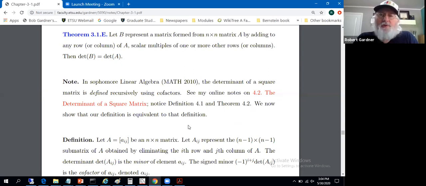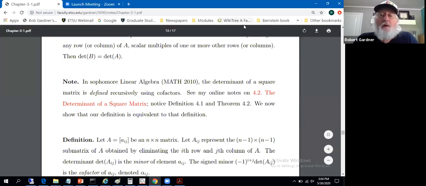You good at introducing zeros? Yeah, row reduction lets you do that. But row reduction changes determinants. Yeah, but you know how it changes determinants. So next we'll link together our definition with the cofactor expansion definition you had in sophomore linear algebra. I will see you there in a minute.